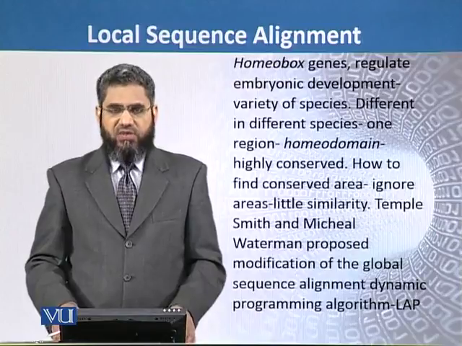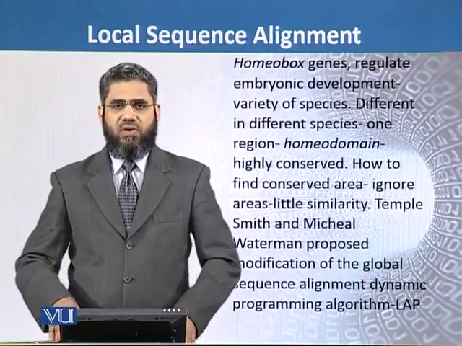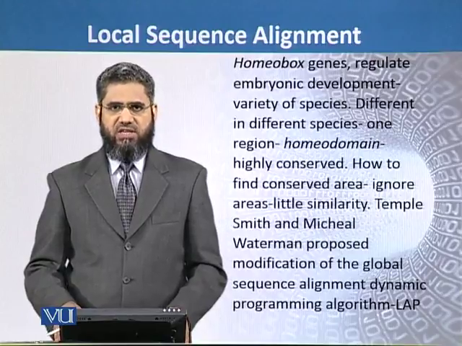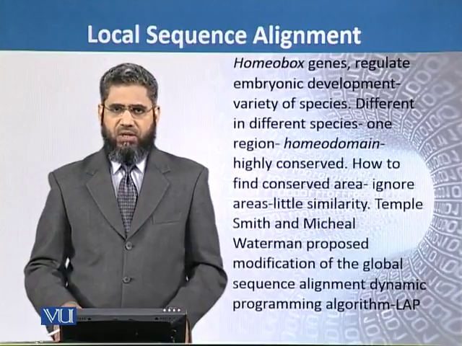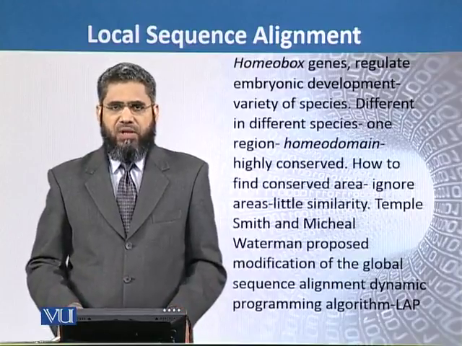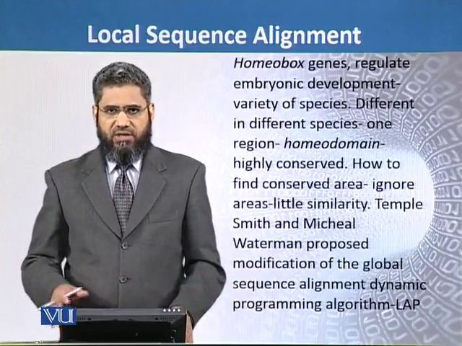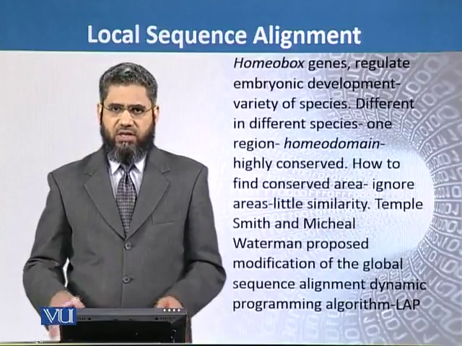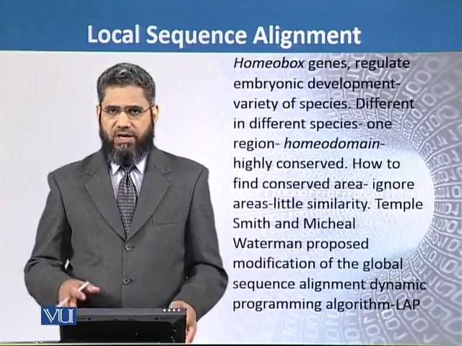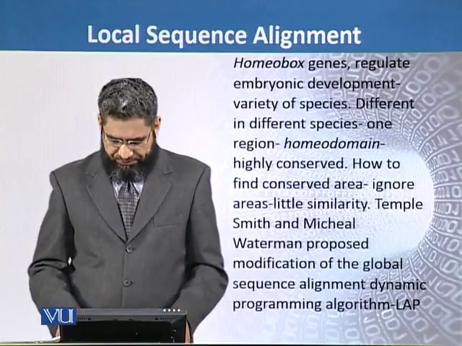But the location of this homeodomain is not conserved. In some proteins, it is present at the start of the protein, and in proteins of other organisms it is present at the end, and so on. Its location is not conserved.